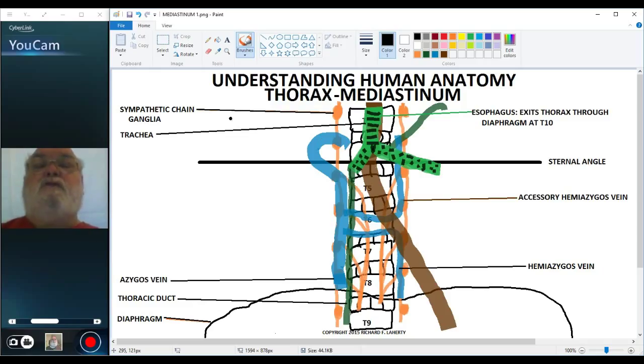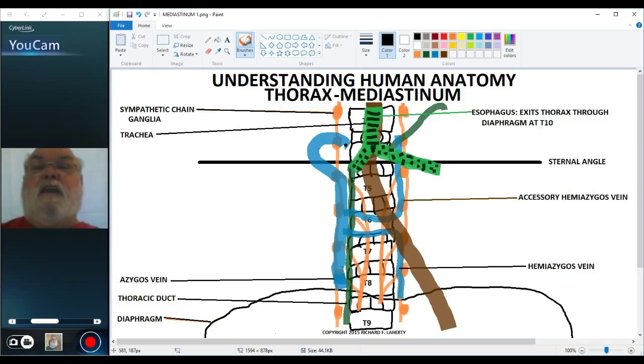So let's recap so far. You can see why I drew in the sternal angle level. The trachea bifurcates at the level of the sternal angle. The esophagus reaches its rightmost position at the level of the sternal angle and then starts angling over to the left.